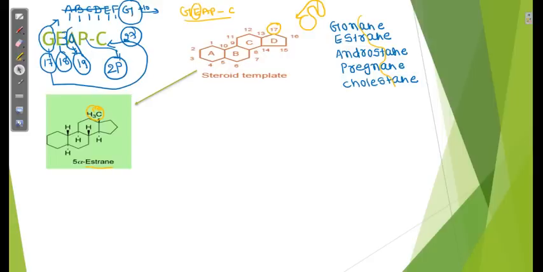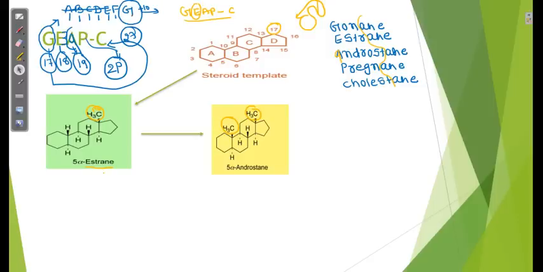Let us move on from estrane. The next is A. A has 19. The next carbon comes here, which we have added to estrane. This C3 is not present in estrane, but it is present in androstane. So androstane has a total of 19 carbons.